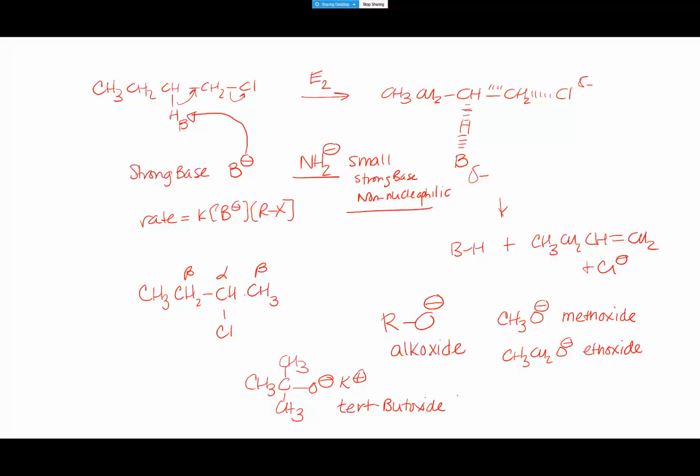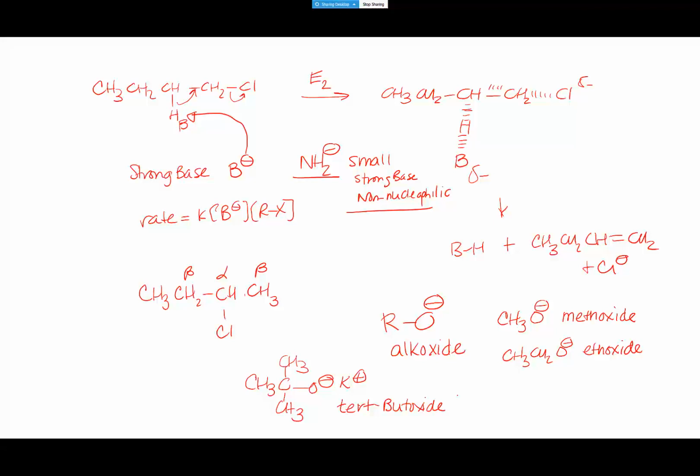There has to be a counter ion to it. So what's the counter ion? Sodium, potassium, lithium. The thing is, it doesn't matter in this class. It's just a spectator ion for general chemistry. Does it do anything? In reality, it does, but we're not going to have it do anything.